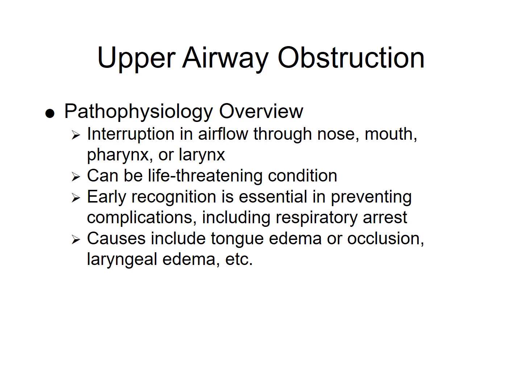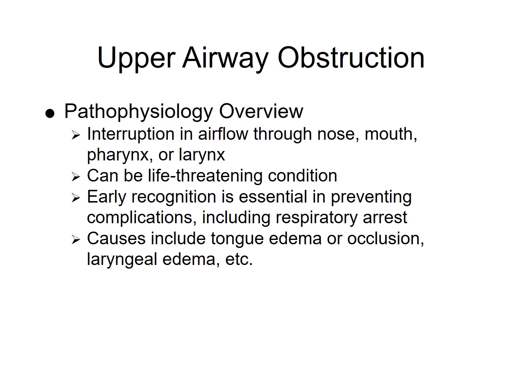Upper airway obstruction can also be caused by laryngeal edema, and this is from any cause such as smoke or toxic inhalation, local or generalized inflammation, allergic reactions such as anaphylaxis reaction.